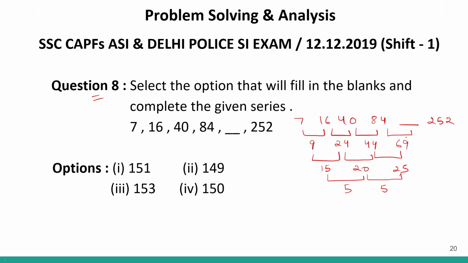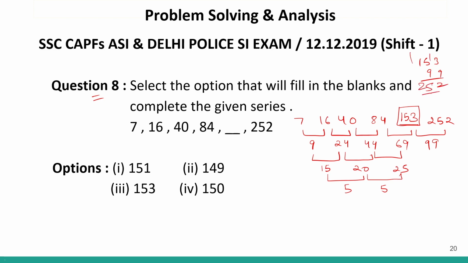And 84 plus 69 will give me 153. So this is tentative. Now let us see whether it logically follows with 252 or not. So if I add 99 to 153, I'll get 252. 153 plus 99.